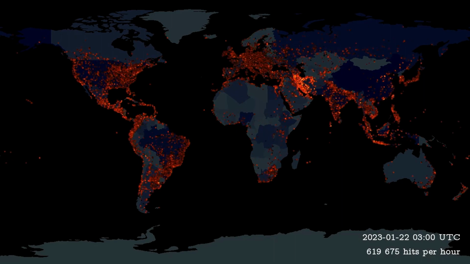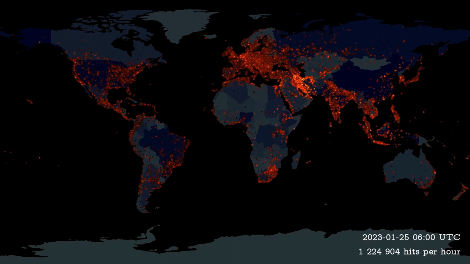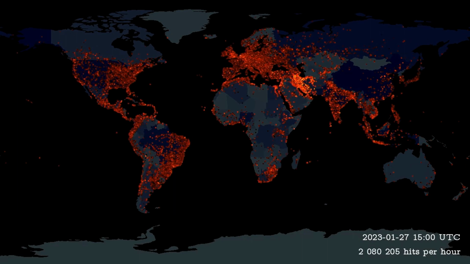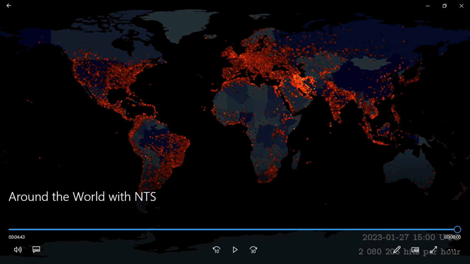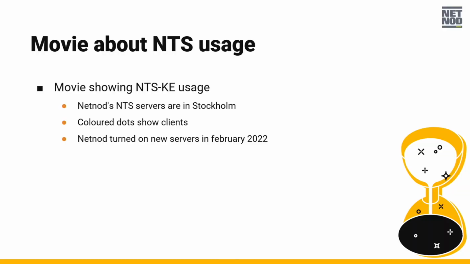So I had to turn down the logging a lot, and work on my code, because there were timeouts that were too long, so stale connections kept using up memory. And this is what we ended up with on the 27th of January, 2 million hits per hour. So we can scale this up, but it turned out to be a bit of a problem for us, and panicky for me.